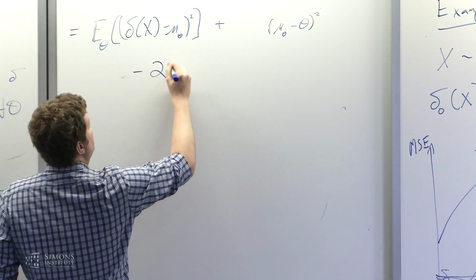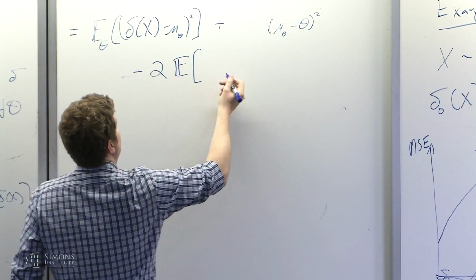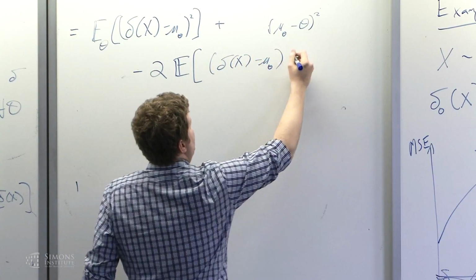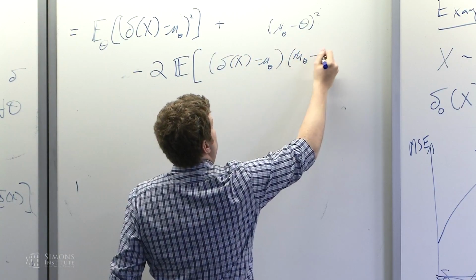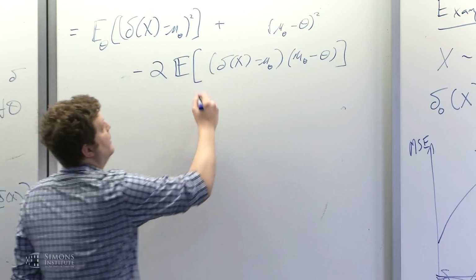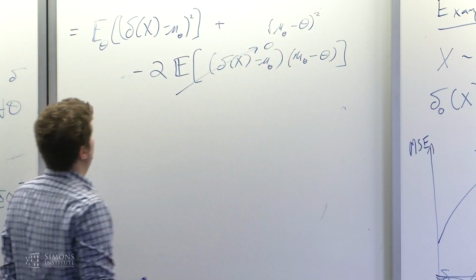Minus 2 times the expectation of something that has mean 0 times something that's not random. And so this whole thing goes away.